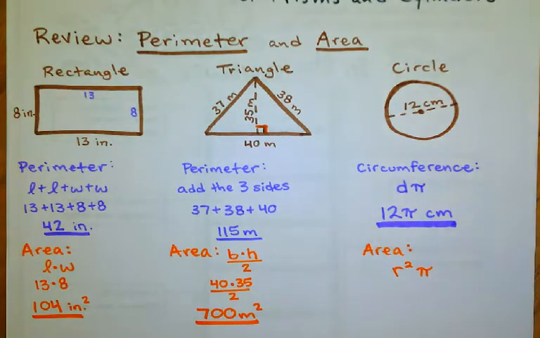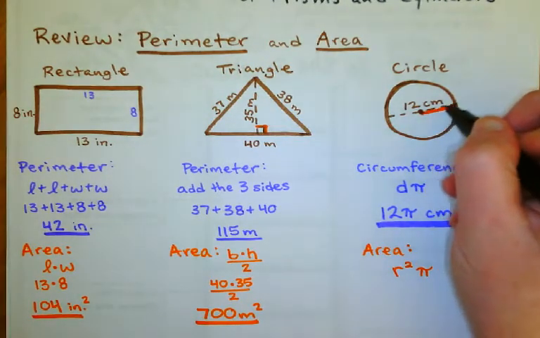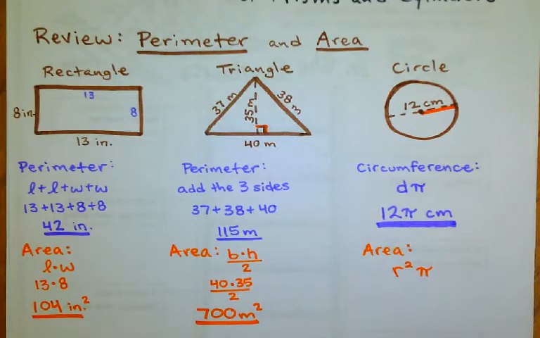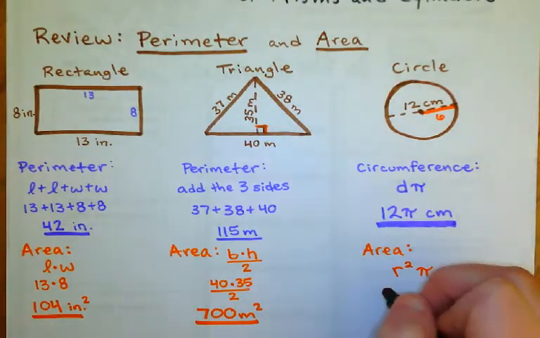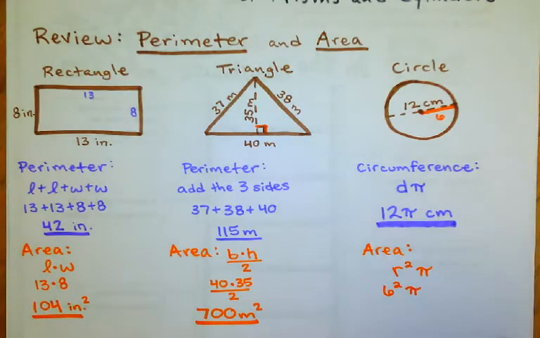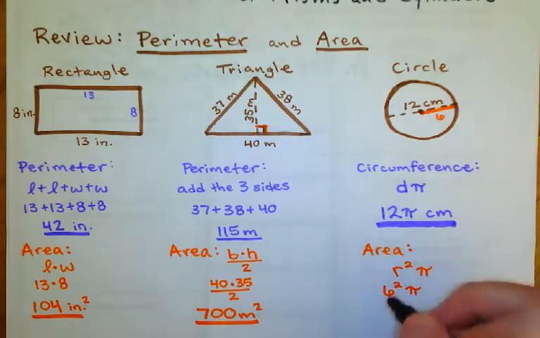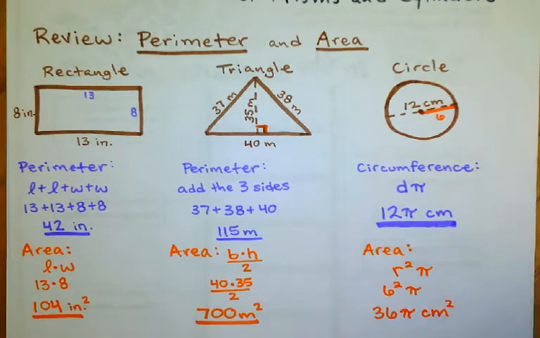Remember that the radius is from the center of your circle to one side. So just this part is our radius, which means it's half of our diameter. So our radius is just going to be 6. Alright, so we're going to get 6 squared times pi. So our final area, 6 squared, is 36 pi centimeters squared. Alright, so there's our review of perimeter and area of these basic shapes.